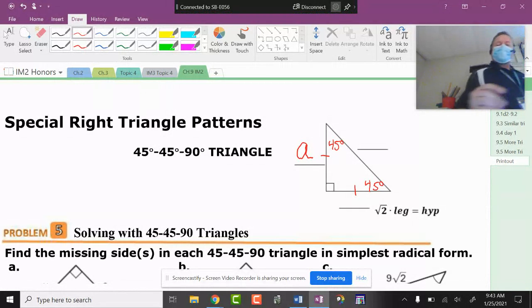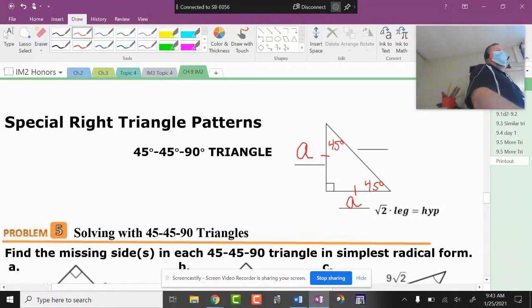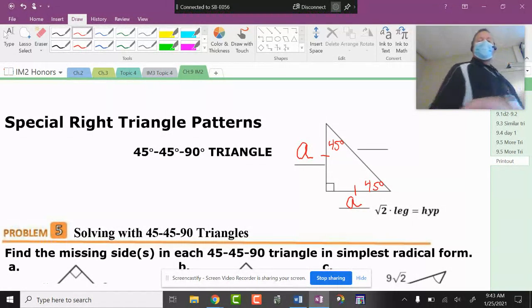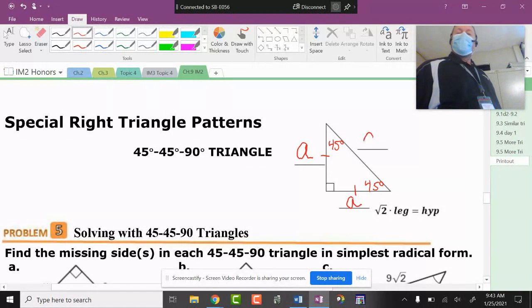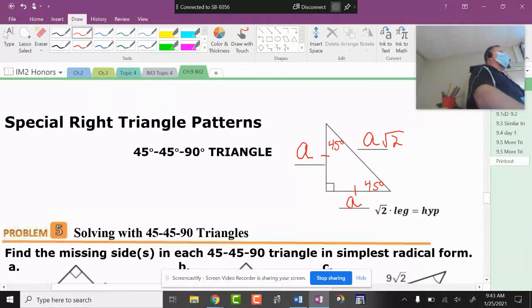So definitely this side would also have to be side A because they are equal. So those are A and A. This is what's true about 45-45-90s always: the hypotenuse will be whatever A is times the square root of 2. And that's what you have to have memorized for a 45-45-90.